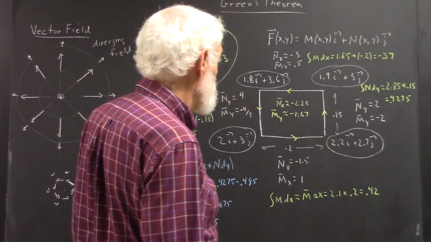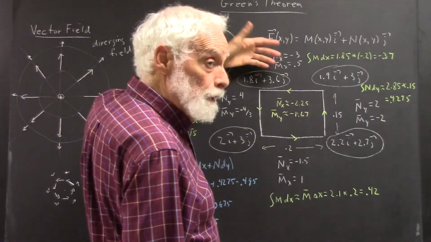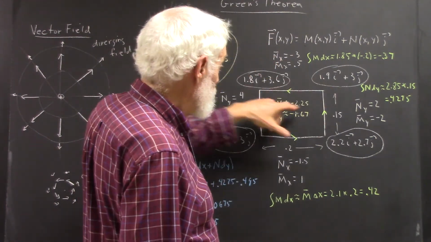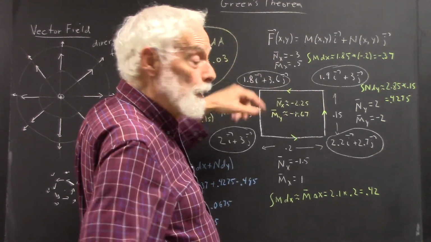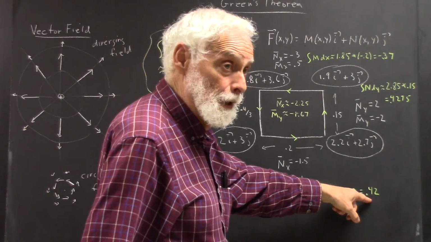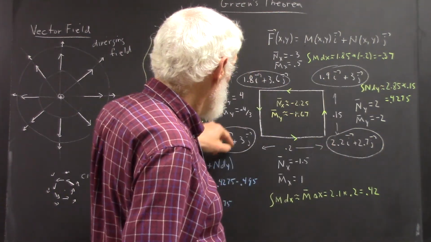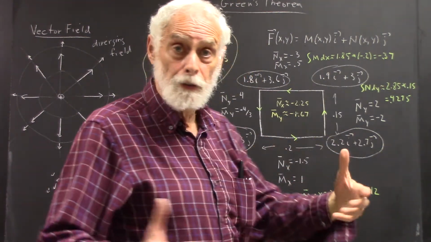The values of M are less up here than they are down here, so clearly the average value of M is going to be less. The displacement is equal and opposite, giving you the negative sign as opposed to the positive here. The numbers aren't that much different because these numbers, here and here, are not that much different.